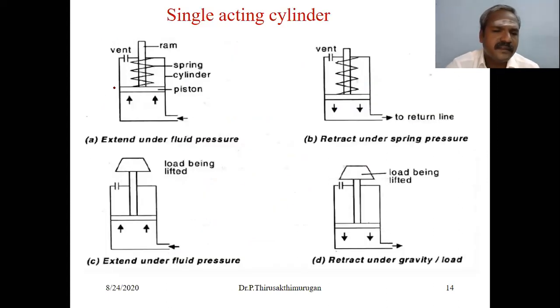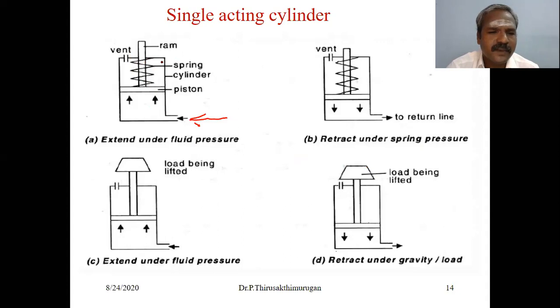So this is a simple single acting cylinder. There is a vent and this is a ram. The ram moves up and down. We supply air through this vent, and inside this vent is for leakage of air.